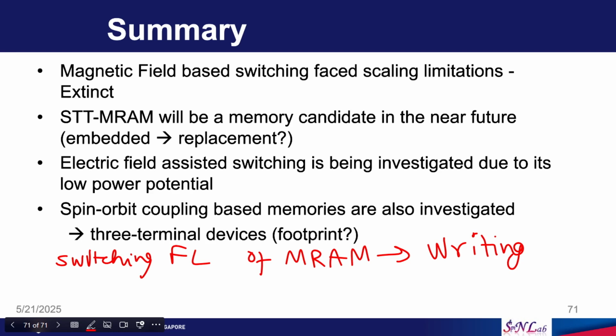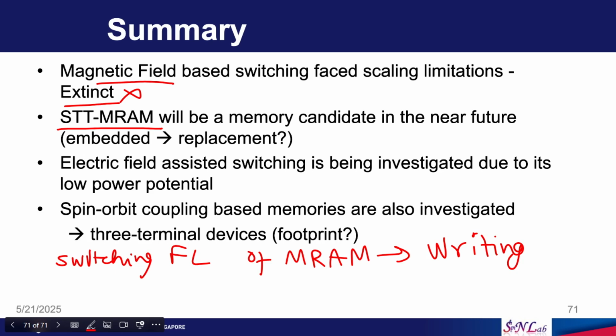This writing can be achieved using magnetic field. You can send current through 2 orthogonal wires and achieve switching. That is what we learned first, and this technique is extinct. Nobody uses this one. The second candidate is using the spin transfer torque principle.